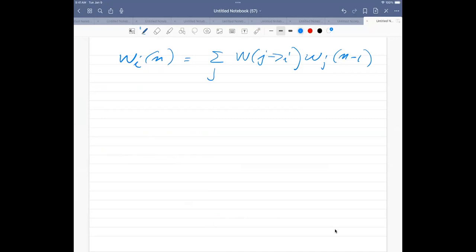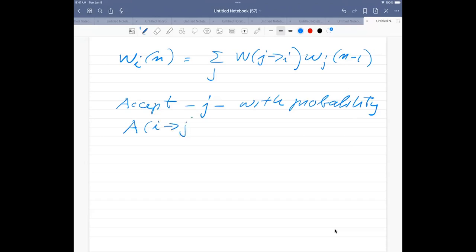So we're going to introduce a kind of technicality. Let me just define these. Suppose now we are moving to a state j. We are going to accept that with a probability, which I write as A of i to j. If I move from j to i, it's the opposite.